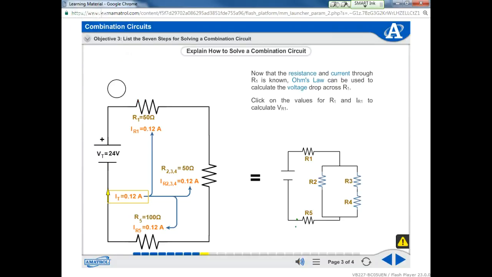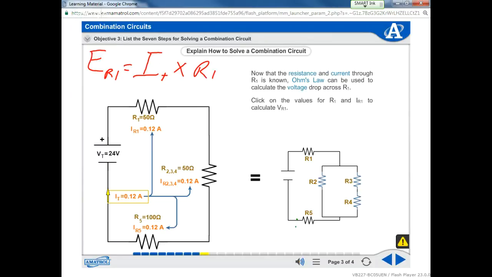I times R. So E, or voltage, of R1 equals I sub T, because that's the same all the way across, times R1.